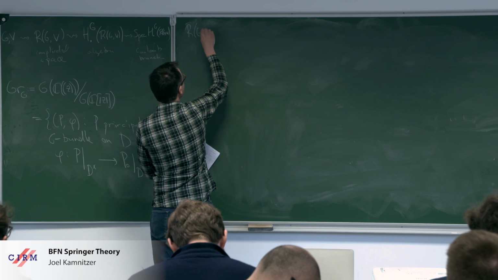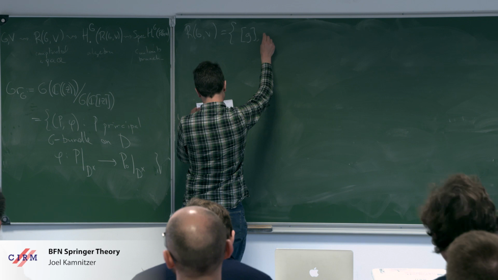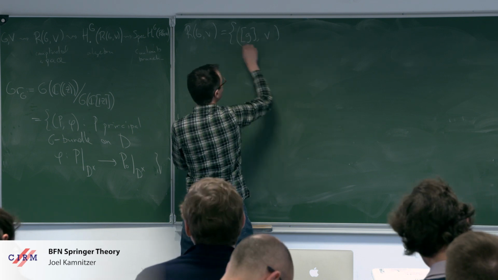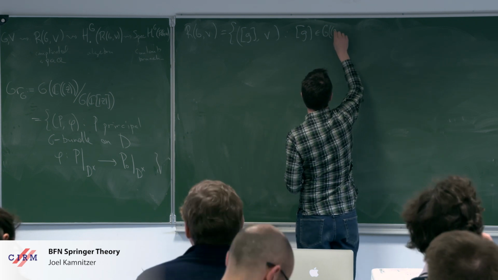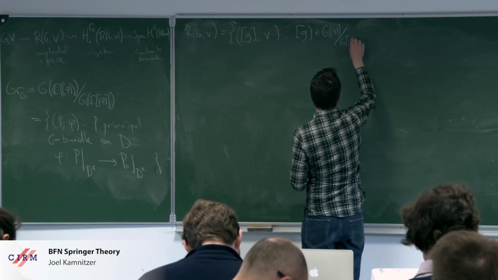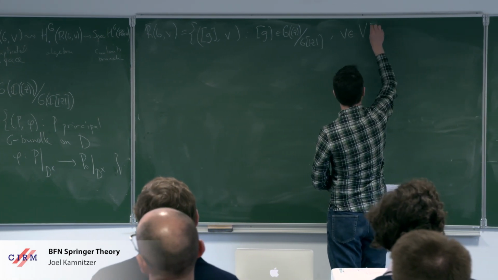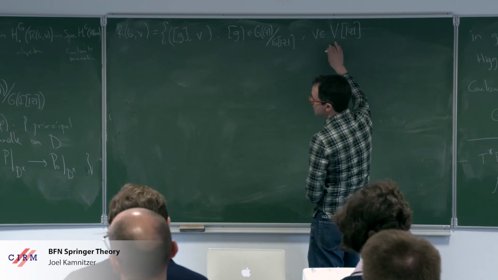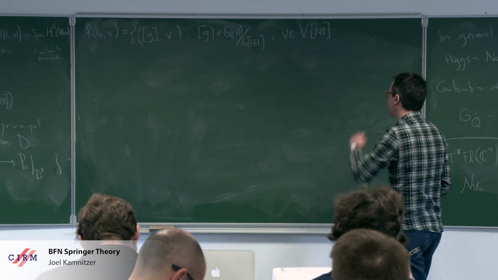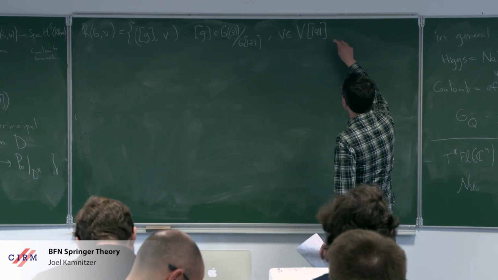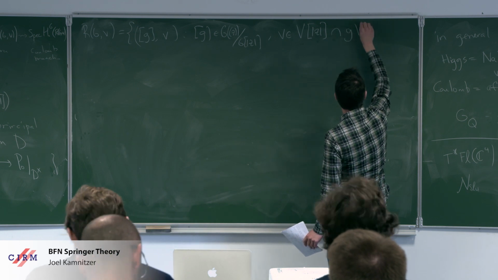We consider pairs [g], v, where [g] is an element in this affine Grassmannian, and v is an element in the vector space V, but tensored with power series. And we also have the condition that v also lies in this space.